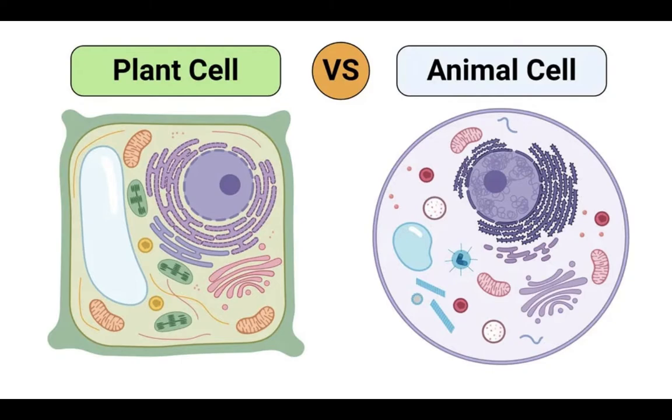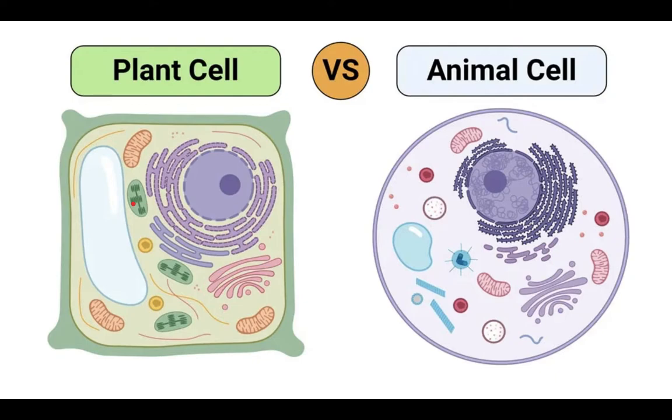Obviously, plants don't have a skeleton like you do, so the rigidity of the cell wall and the water pressure of the large central vacuole keeps them stiff and rigid. These are chloroplasts. Plant cells also have chloroplasts.